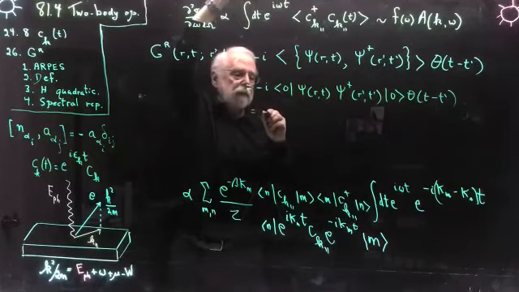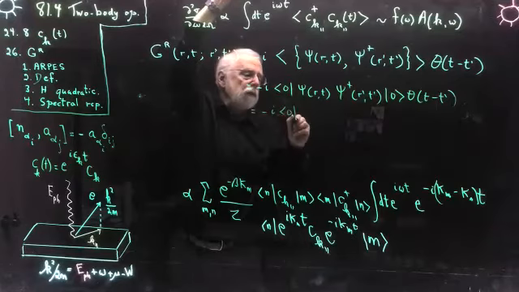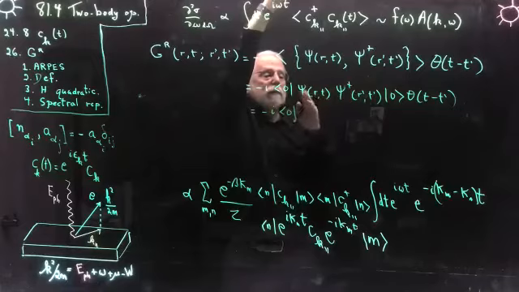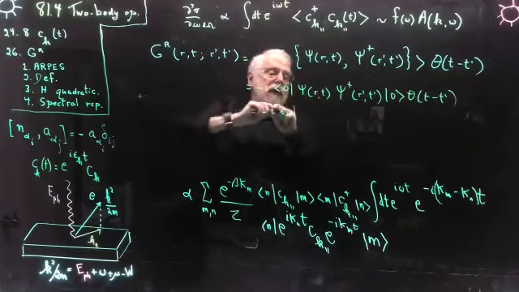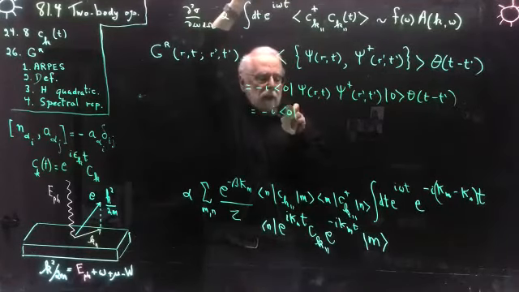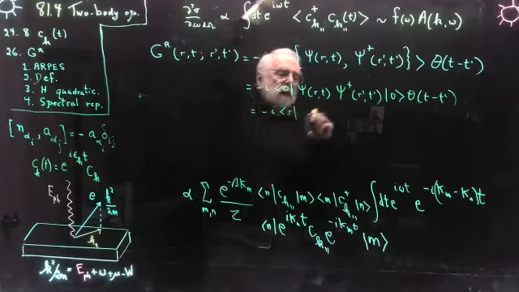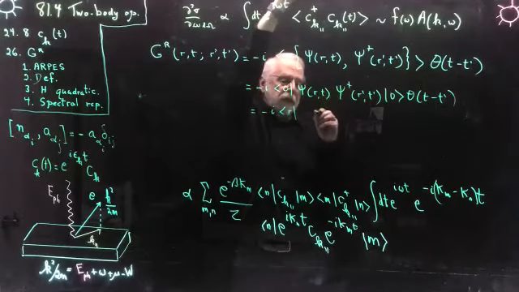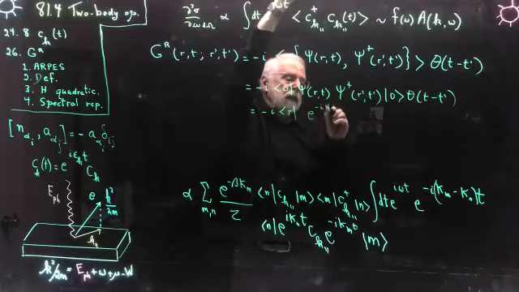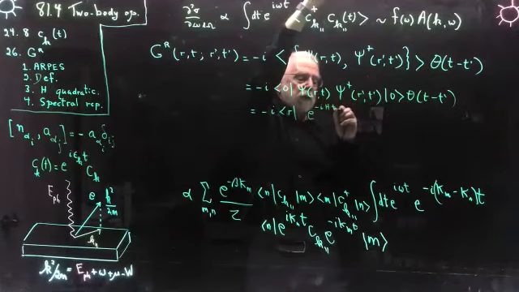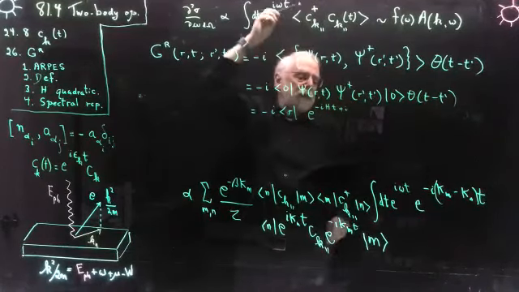So what is this? This is minus i, 0. Now the time evolution operator that acts on the vacuum here gives me exponential of 0, so that's nothing. Now the psi of R that acts on this state just gives me R. Now I have the time evolution operator to the right here, which is e to the minus i H t. And then the time evolution operator of this to the left will be plus i H t prime.